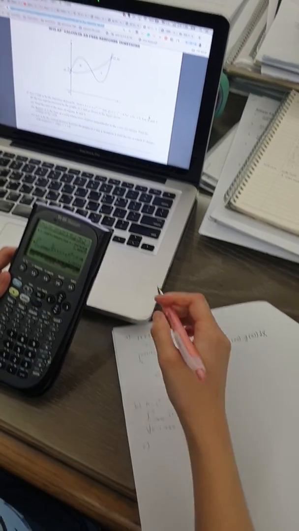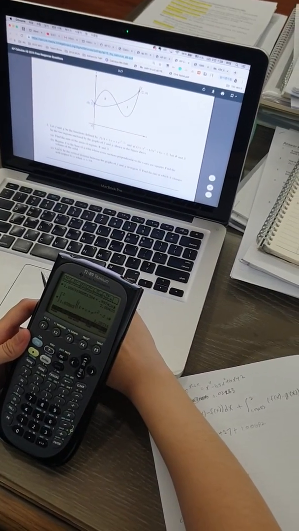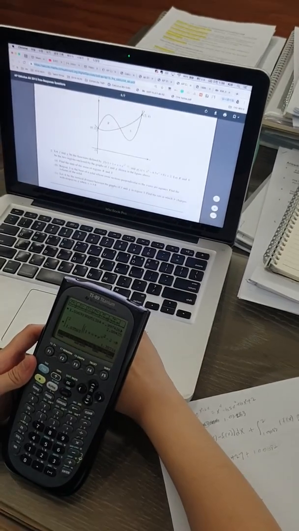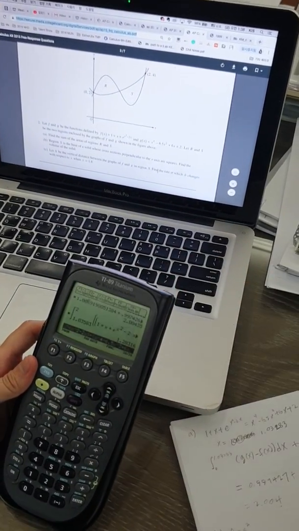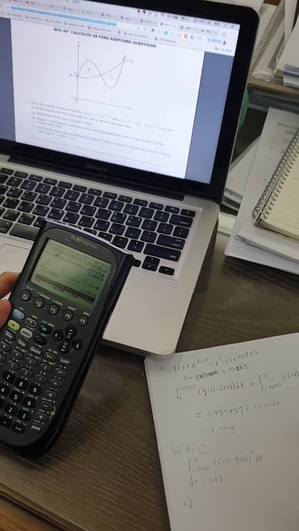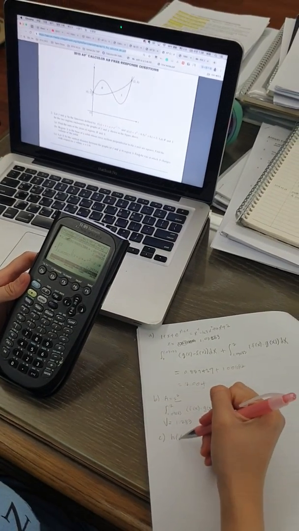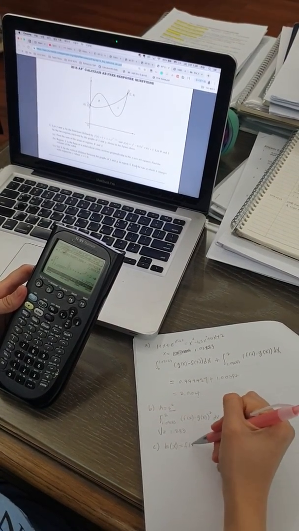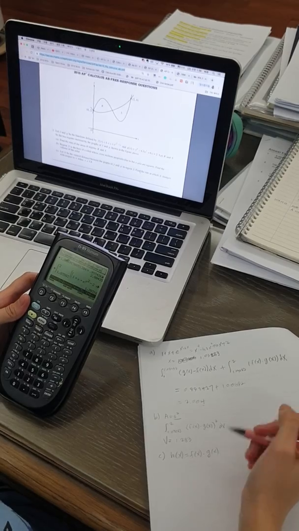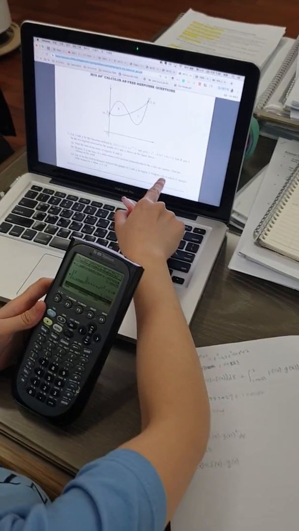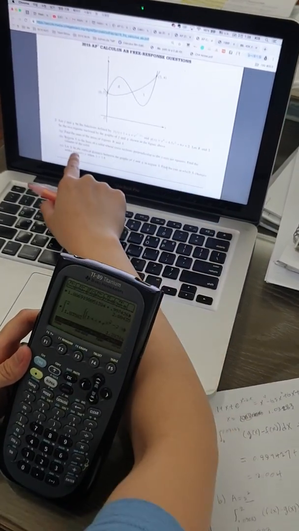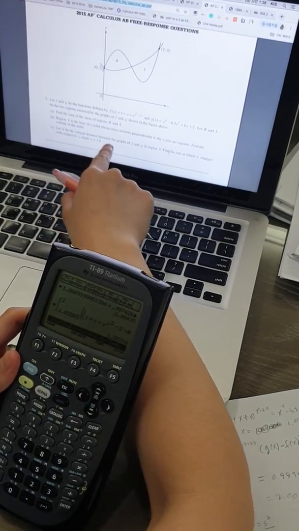So now let's move on to C. It said let H be the vertical distance between the graphs of f and g in region S. So then we can say h of x equals f of x minus g of x. And it's looking for the rate at which h changes with respect to x when x equals 1.8.